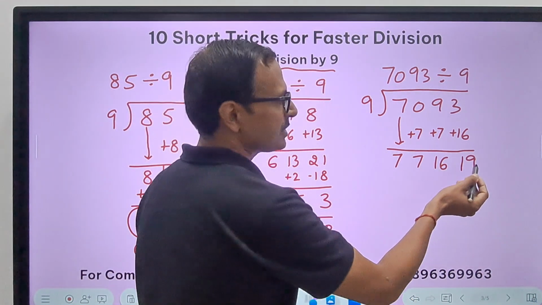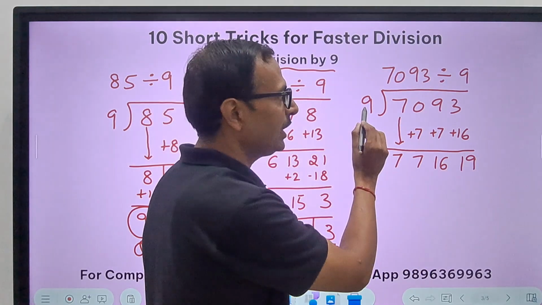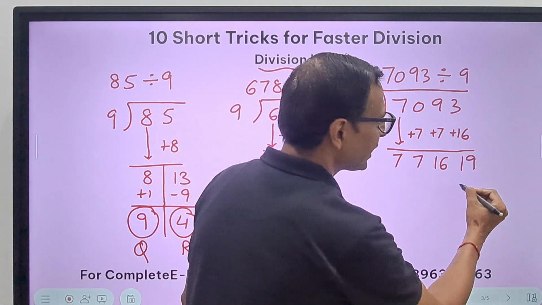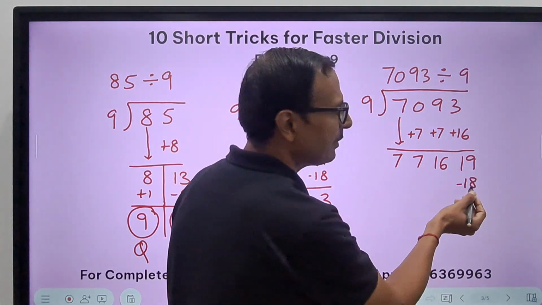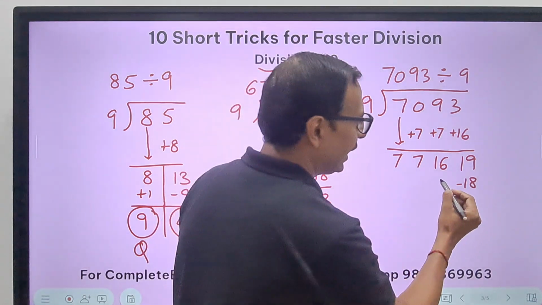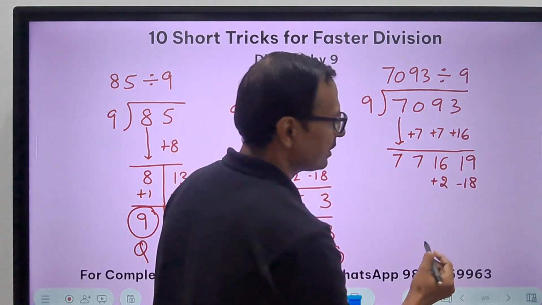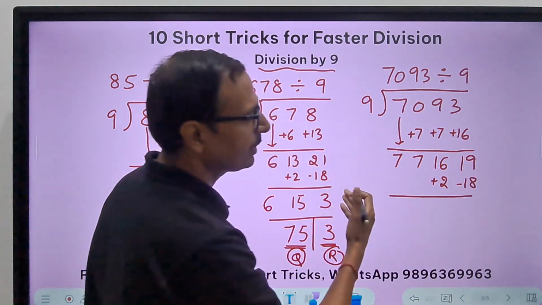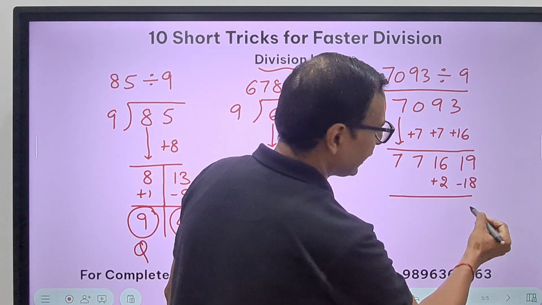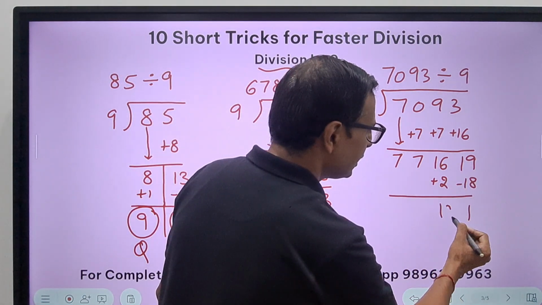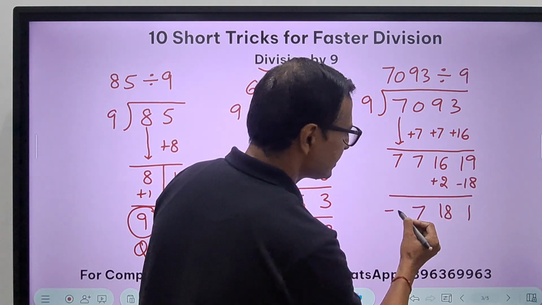Let's subtract the multiples from the last number. So 9 2s are 18. So I can subtract 18 from here. And how many multiples did I subtract? 2. So I'll add 2 to the previous number. So let's see what numbers we obtain now. This is 1, this is 18, this is 7, and this is 7.